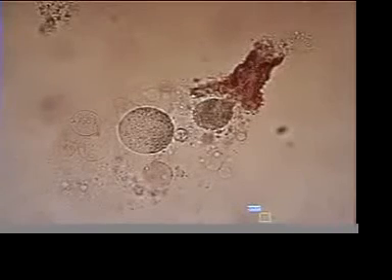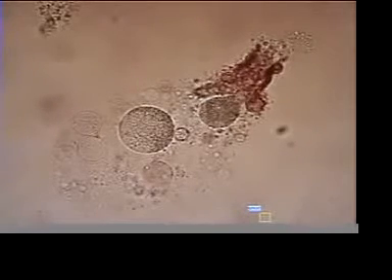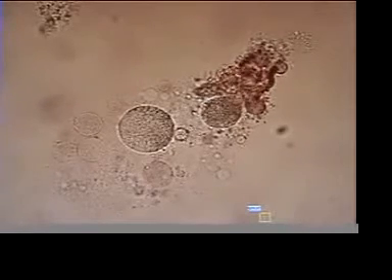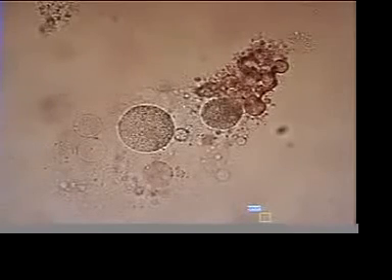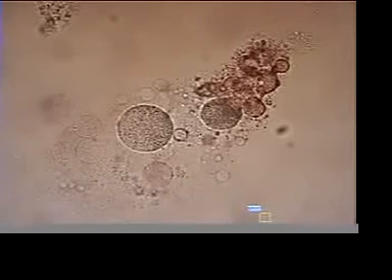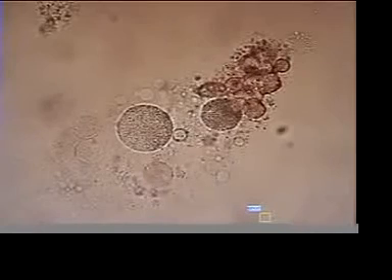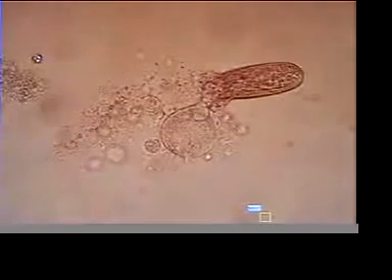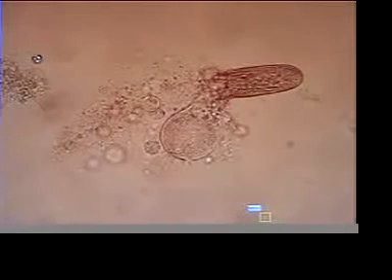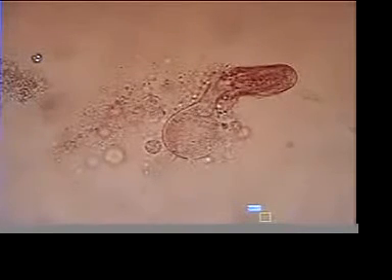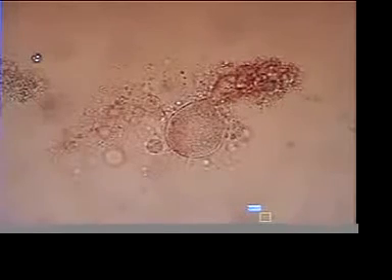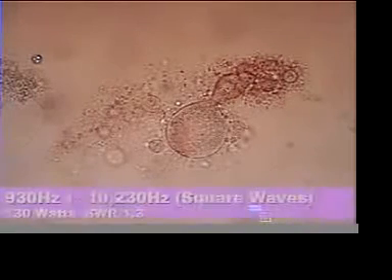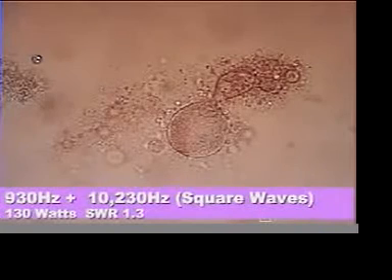Let's watch for post-disintegration fusion of the spheres. Typically many spheres are formed when the organism disintegrates. Real-time devitalization of a Blepharisma. 930 hertz and its 11th harmonic, 10,230.